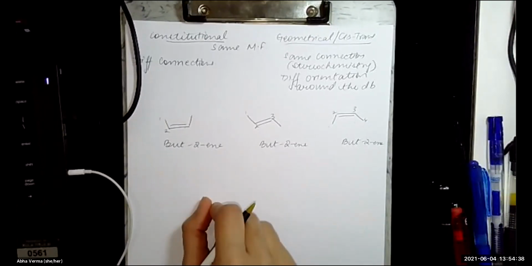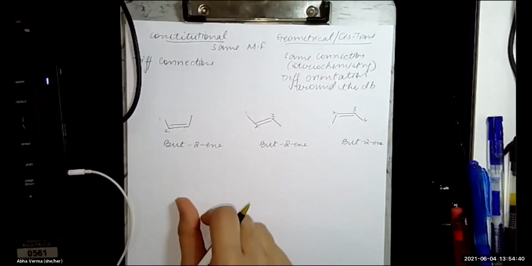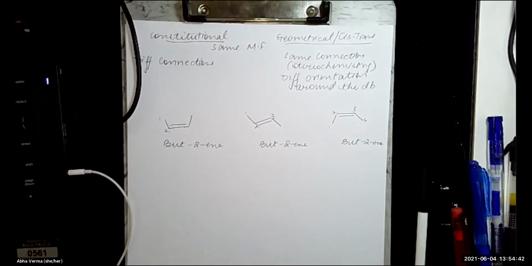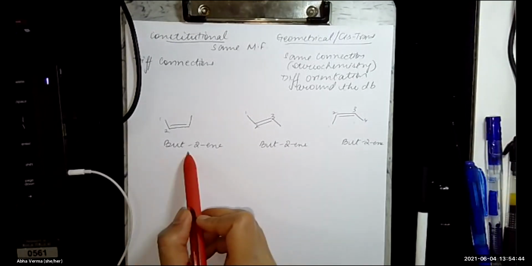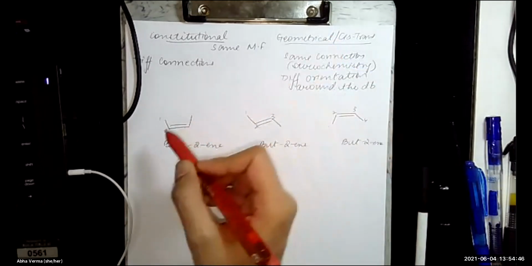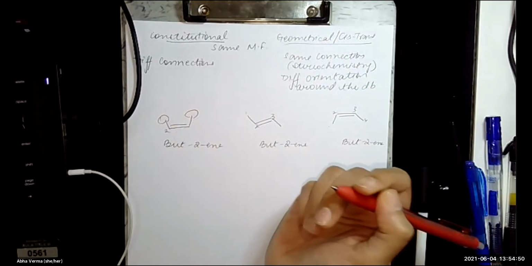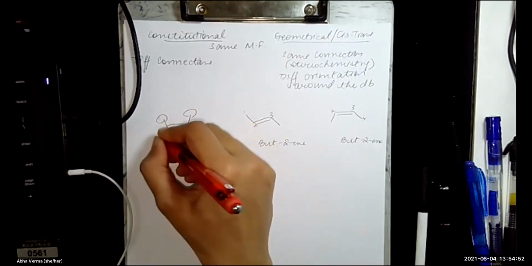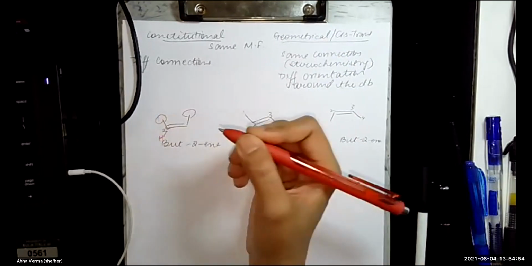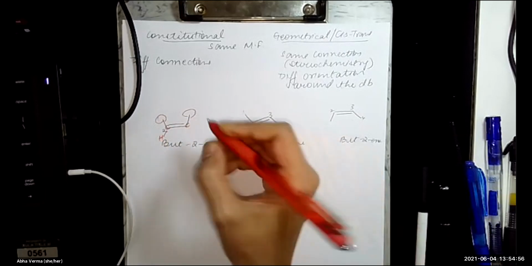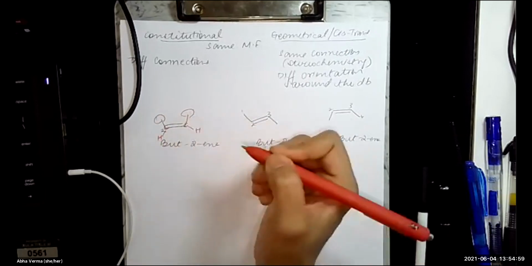However, to a chemist like you who's learning organic chemistry, you must know this is incomplete nomenclature. We have to take into account where the priority group is. On this carbon, you have a hydrogen and this priority group. On this carbon, this is your hydrogen and the priority group.